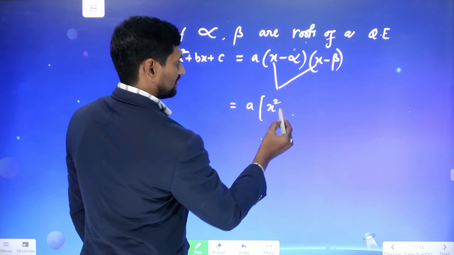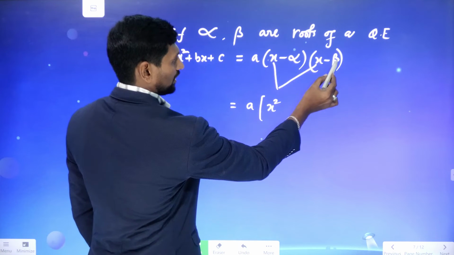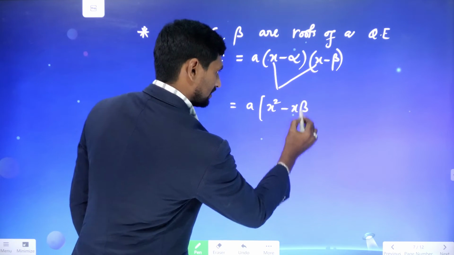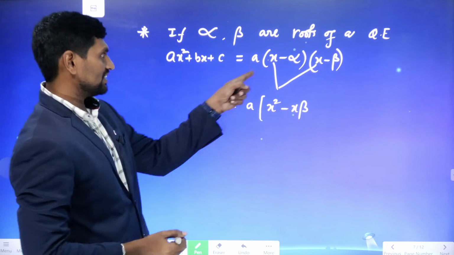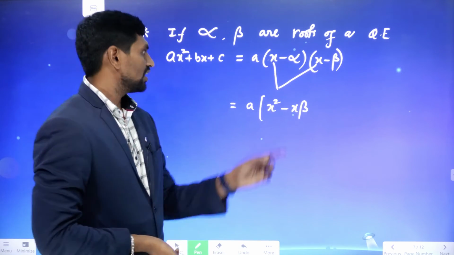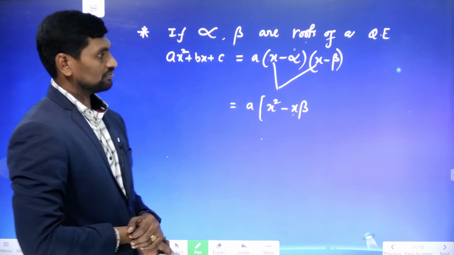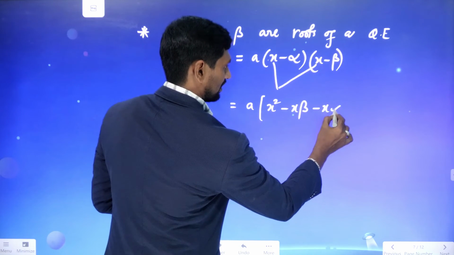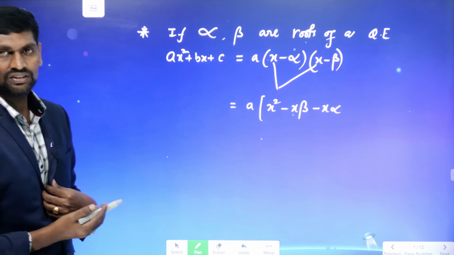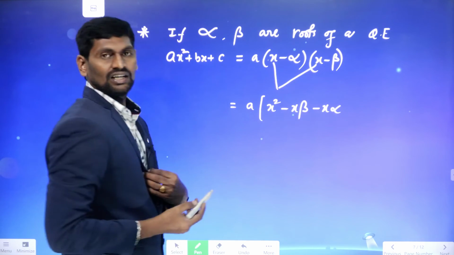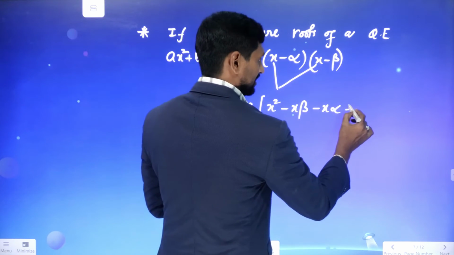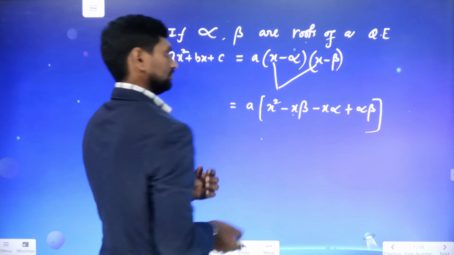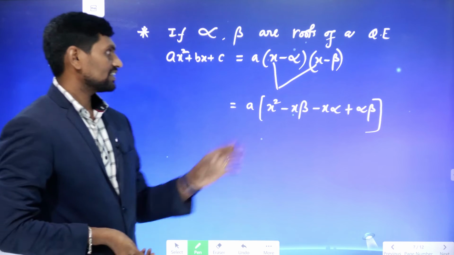X into minus beta is minus x beta. Now with minus alpha: minus alpha into x is minus x alpha. Minus into minus is plus, alpha into beta becomes alpha beta.